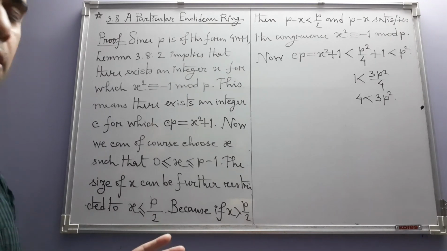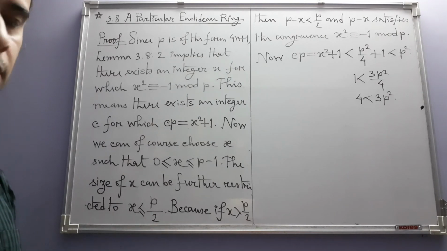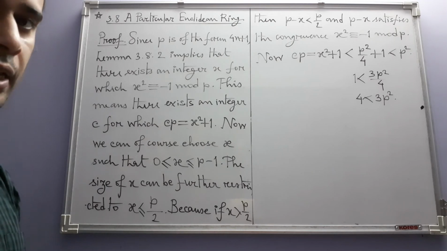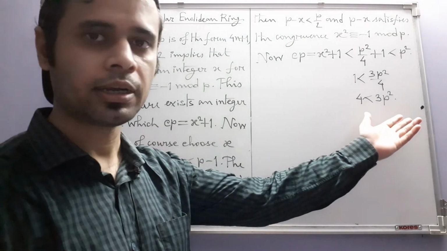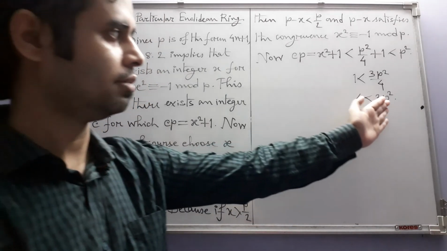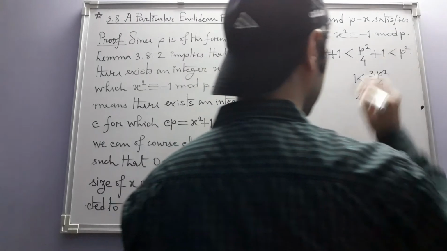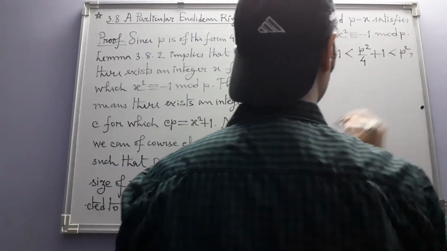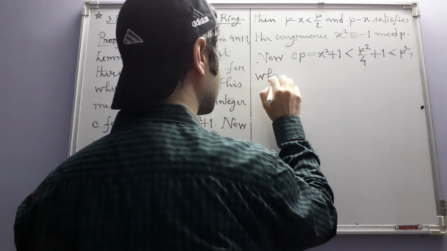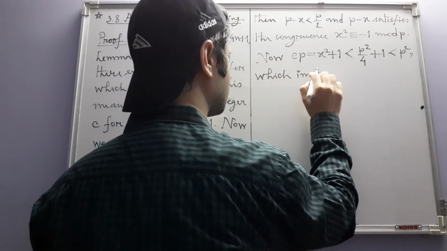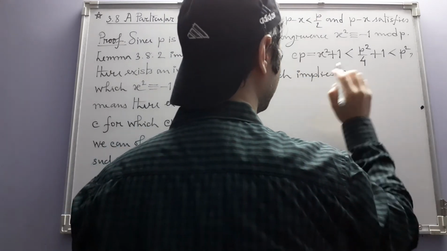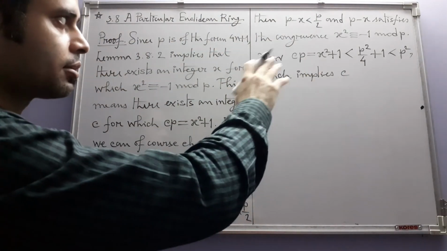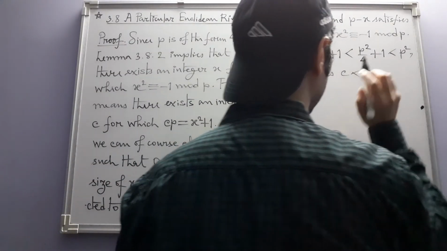Now since p is a prime of the form 4n plus 1, the least value of p is 5, and for that this inequality is clearly true, and for higher values it will be even bigger. So this inequality turns out to be true, which implies, if we subtract p from both sides of this inequality, we then get this.